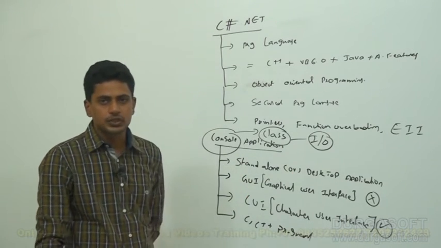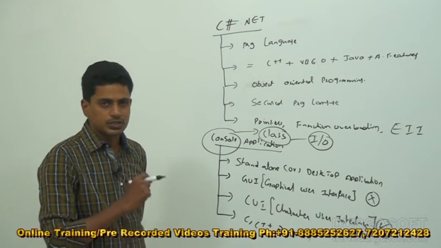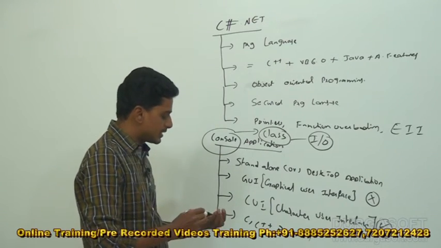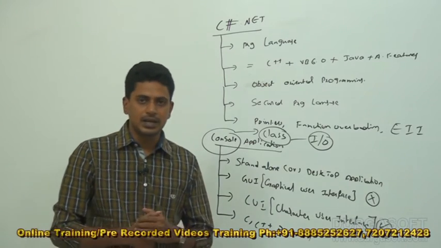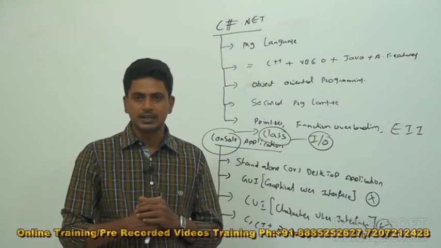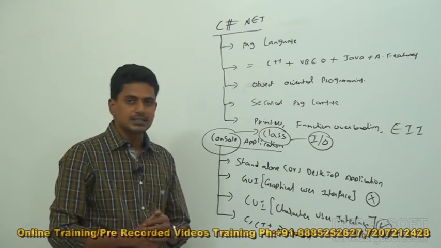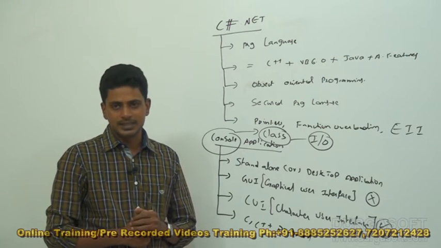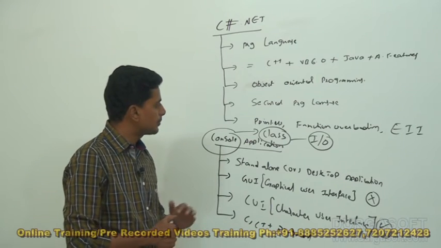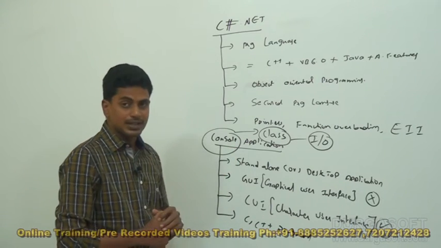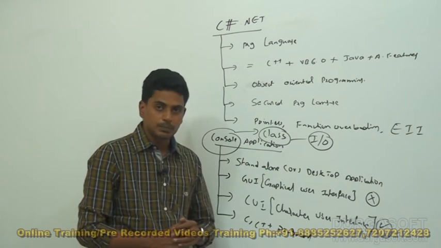In C++, programmers use cin, cout, and printf, scanf for giving input, reading data at runtime, and getting output. But in a console application in C#.NET we use the Console class to get input and output.